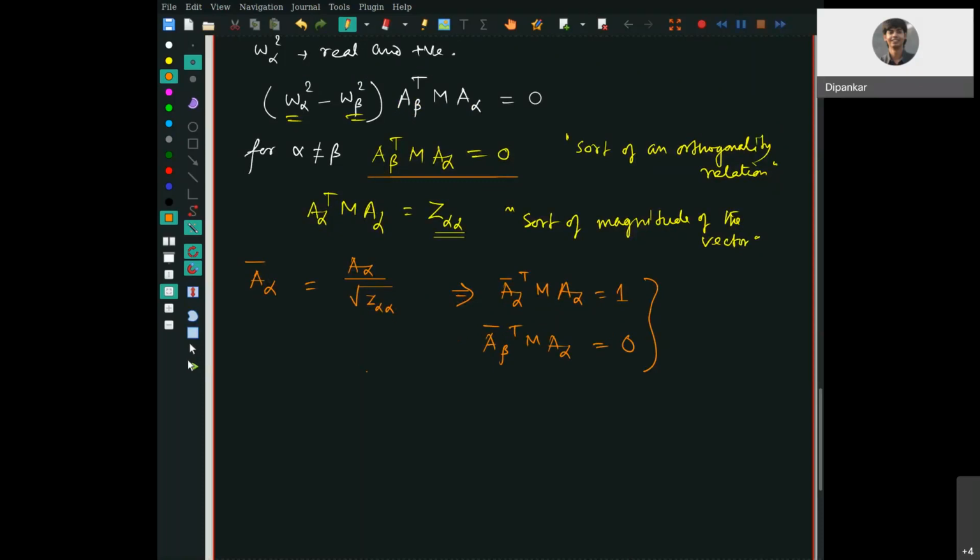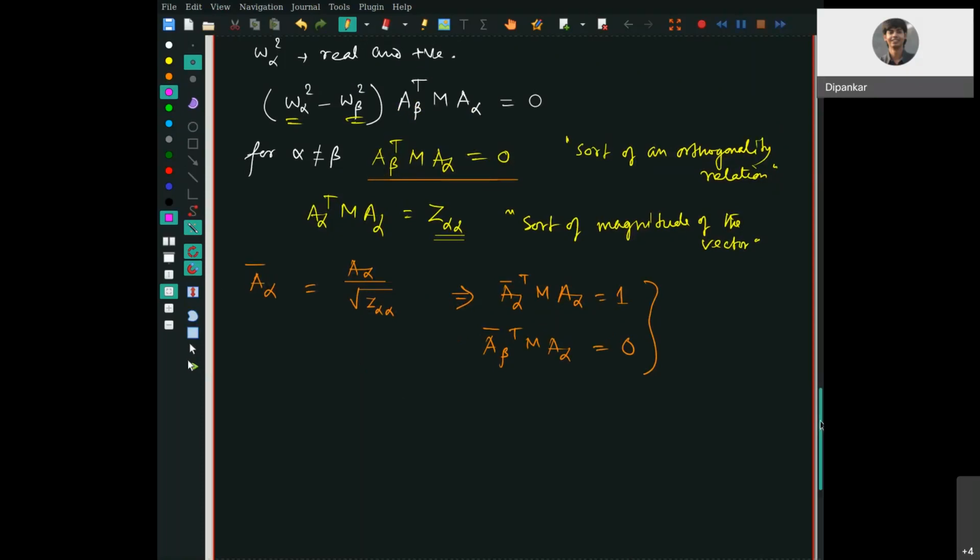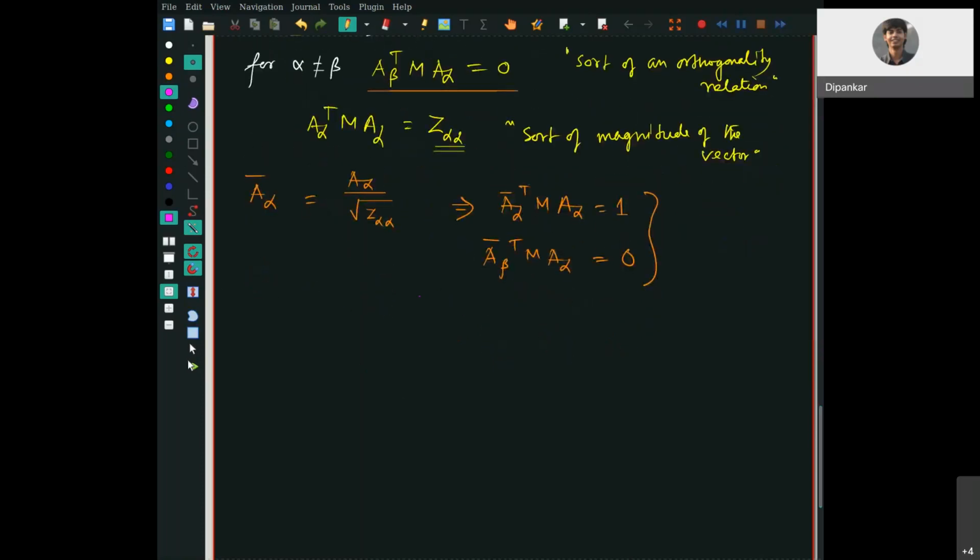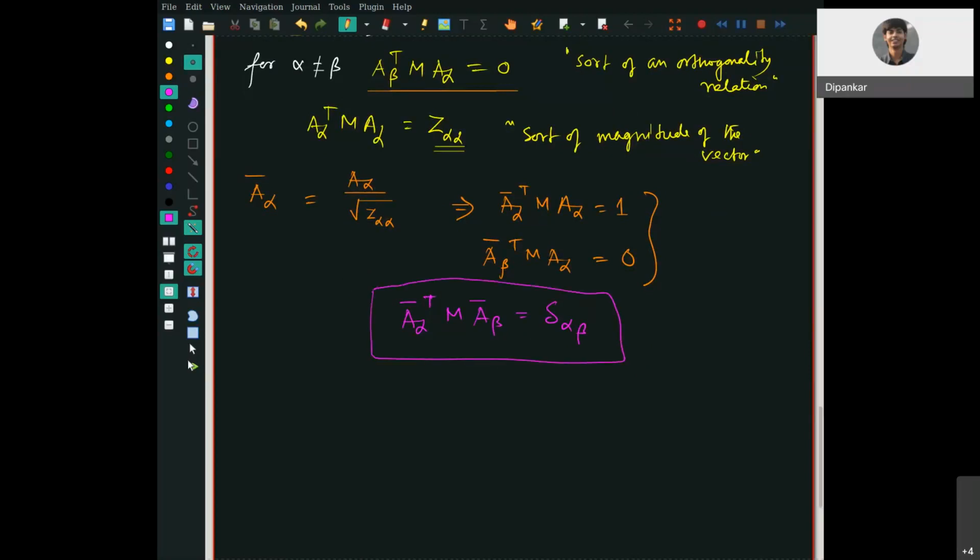Okay, so these things together, I can concisely write these relations as A alpha bar transpose M A beta equals delta alpha beta. So this takes care of my convention of normalization of my eigenvector, so as to say.